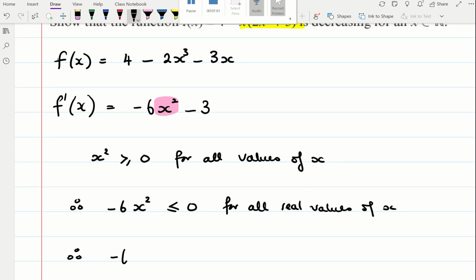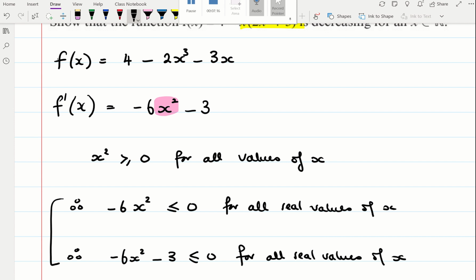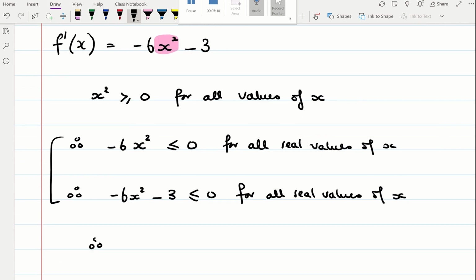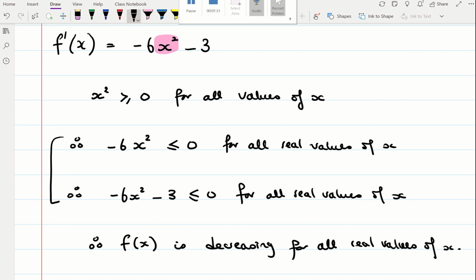Therefore, when you get a negative number and subtract it by 3, it's still going to be negative for all real values of x. You can combine those two. Therefore, the function is decreasing for all real values of x. And that is it. That is increasing and decreasing functions.